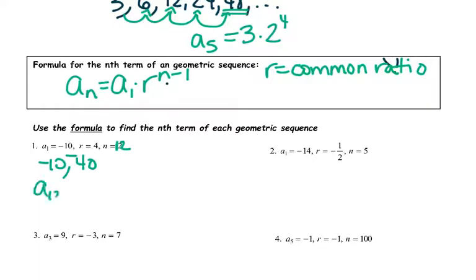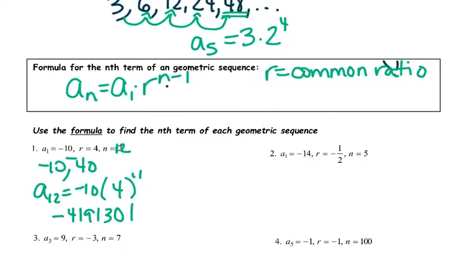So I would say, okay, a sub 12 equals a sub 1 times r to the n minus 1. Now here's the thing, because we're multiplying each time, our answers get humongous really fast. So sometimes it doesn't even fit on your calculator. This one does. Negative 419434040. So yeah, it's a pretty big number.